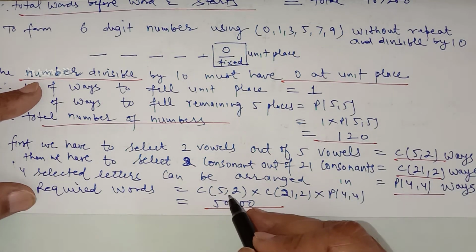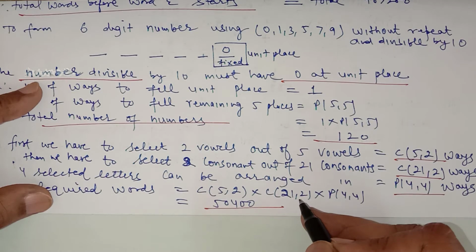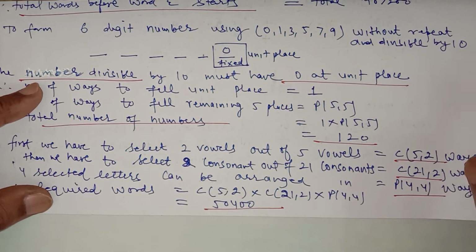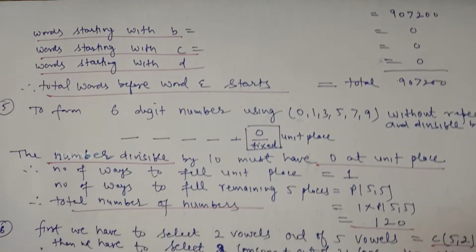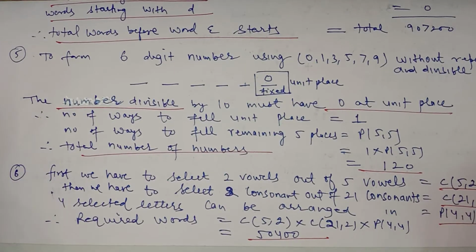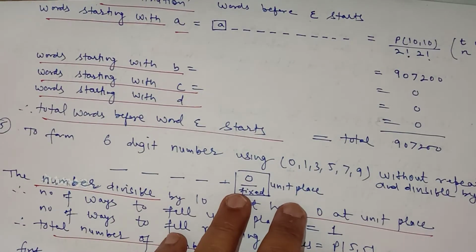So combination 5, 2 selects 2 vowels, combination 21, 2 selects 2 consonants, and arrange them, permutation of 4, 4. So this is the total number of ways in which you can make a word with 2 consonants and 2 vowels out of 5 vowels and 21 consonants.